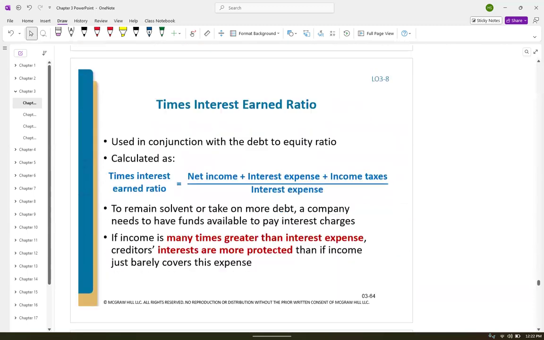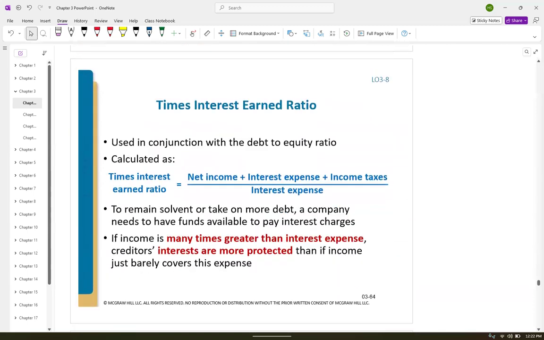Okay. Times interest earned is a really, really important one because it shows you how not all debt is bad. If you can borrow money and then turn that money and generate it five, six, seven, eight different times, then it was worth it for you to borrow that money and pay that interest expense.